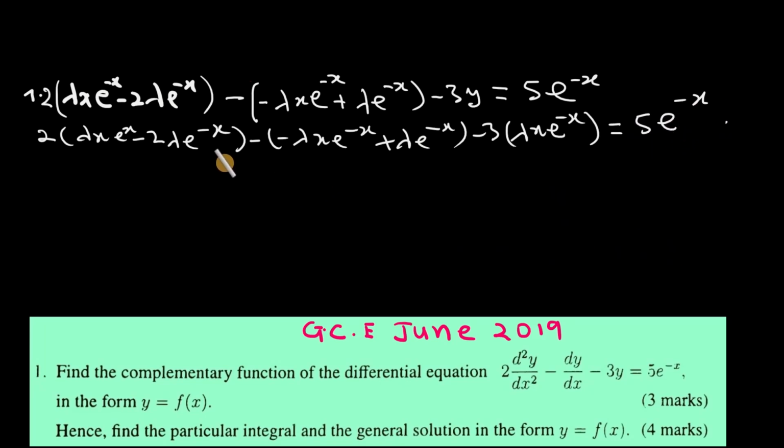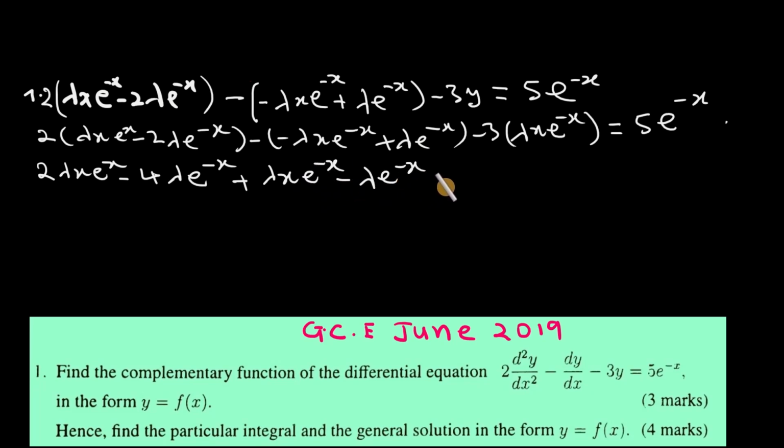Now if I expand this, I'm going to have 2 lambda x e to the minus x minus 4 lambda e to the negative x, since 2 times minus 2 is minus 4, minus here is plus lambda x e to the minus x minus lambda e to the minus x minus 3 lambda x e to the minus x, which equals 5e to the negative x.